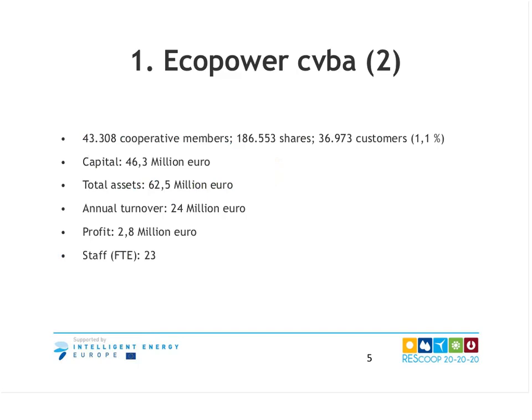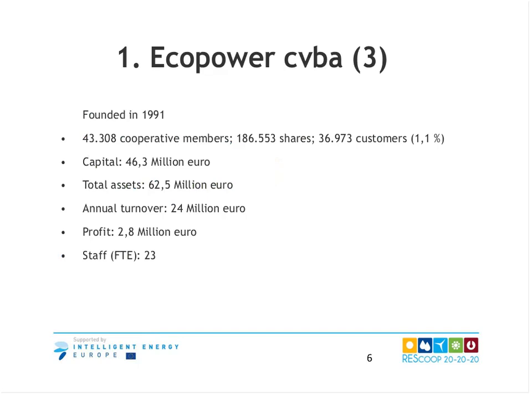So we were founded in 1991. By the end of last year, by the end of 2012, we don't have the figures yet here of 2013. But I can say now we have about 50,000 cooperative members now, and about 40,000 customers, which is at the moment, in 2013, 1.4% of the Flemish household market, because we're only active in Flanders.